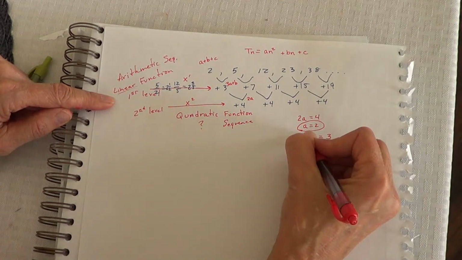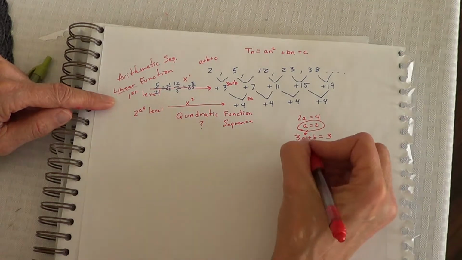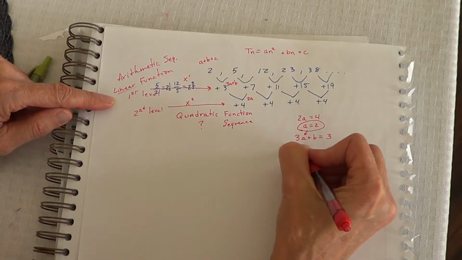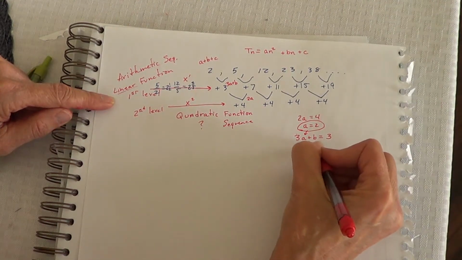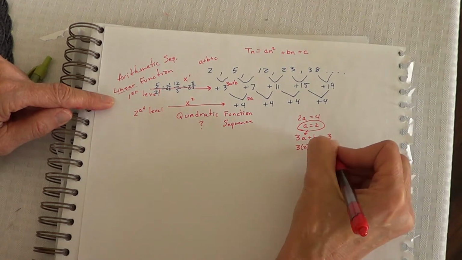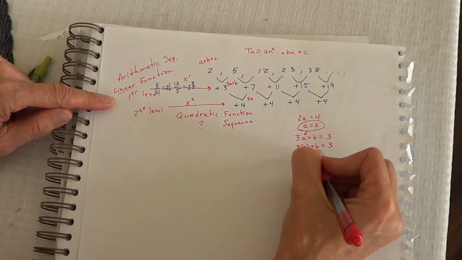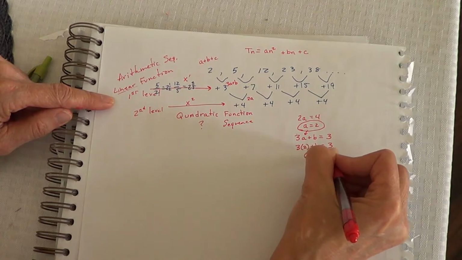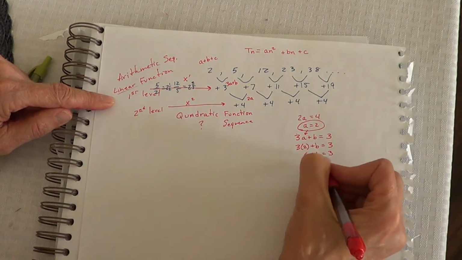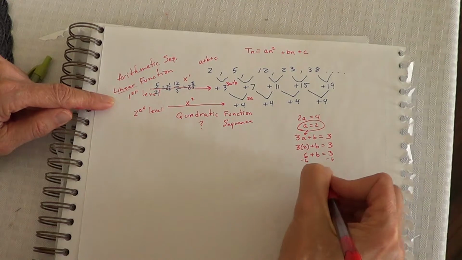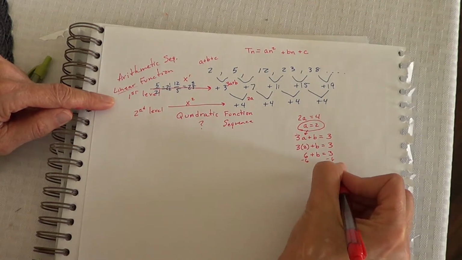We can plug the 2 in for the a. So we get 3 times 2 plus b equals 3. 6 plus b equals 3. Subtract the 6 from both sides. And we find that b is negative 3.